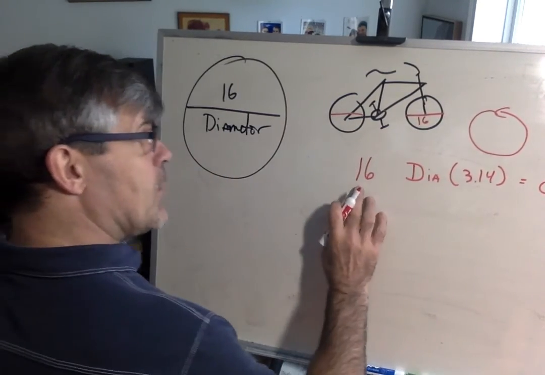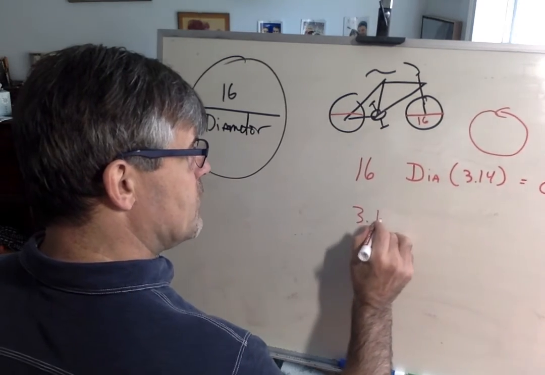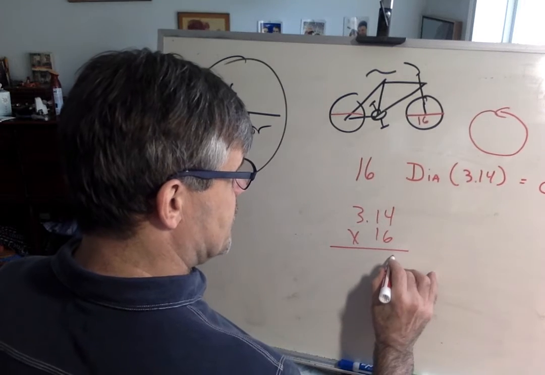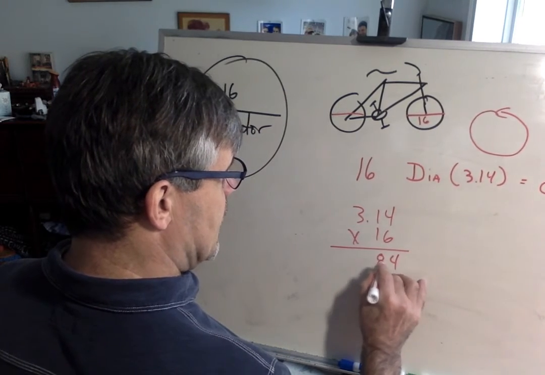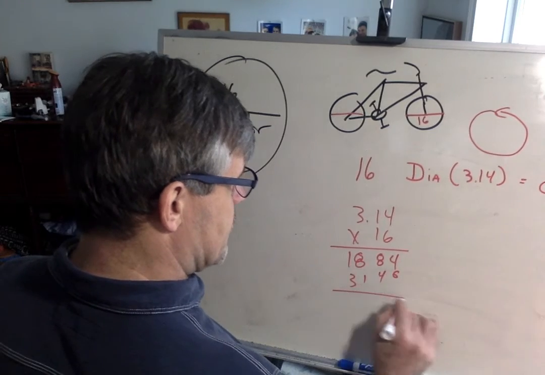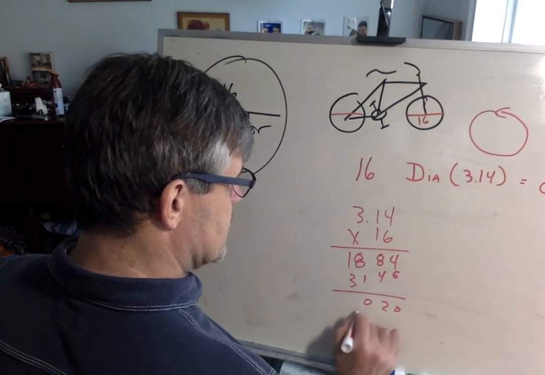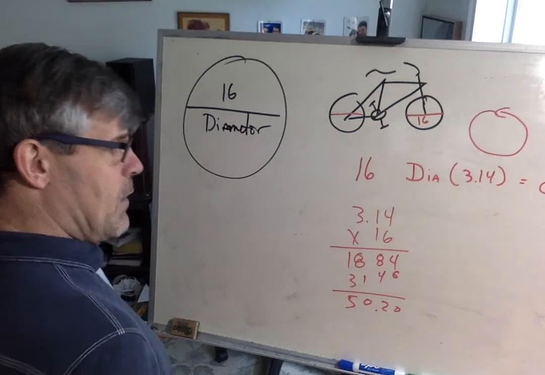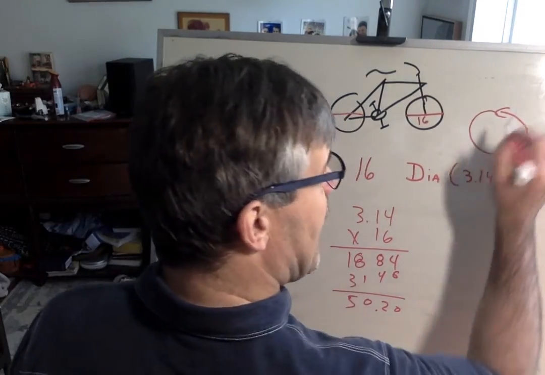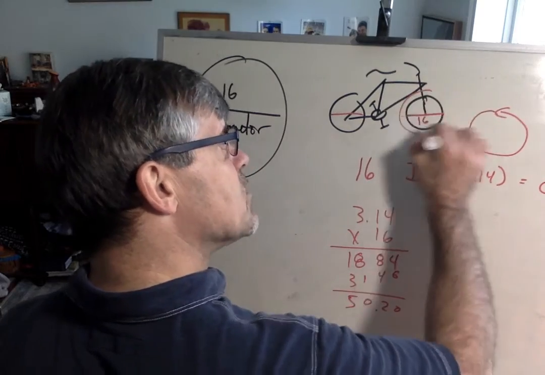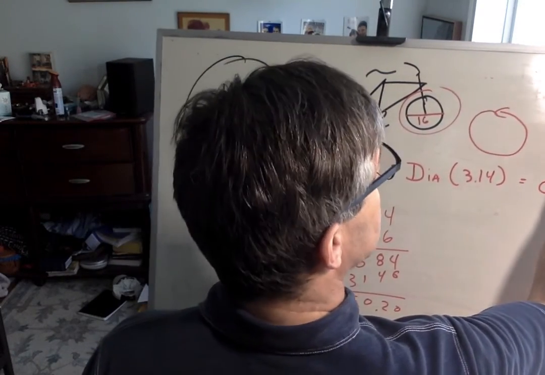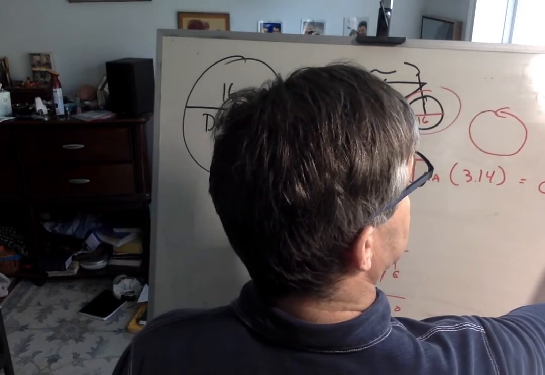Okay, so we're going to multiply 3.14 times 16, and that gives us 50.24. So how we have this is that every time this wheel spins around, it travels about 50.20 inches.